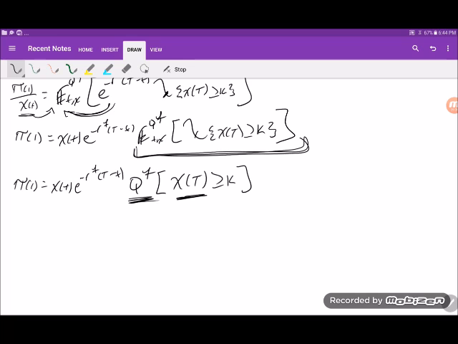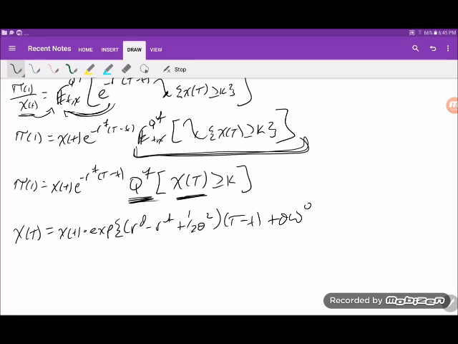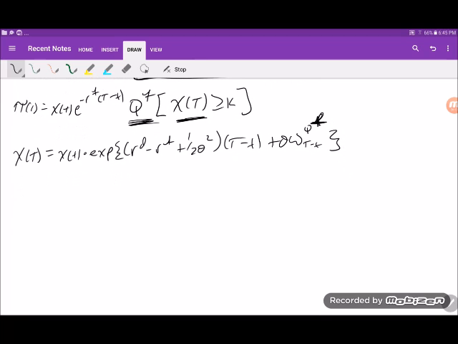If you recall, that was equal to the initial times the exponential of Rd minus Rf, and now under QF it changed from minus 1/2 sigma squared to plus 1/2 sigma squared, times T minus t, plus sigma W^QF, and then I just used a subscript T minus t. All right, so same idea. Let's fill that in.